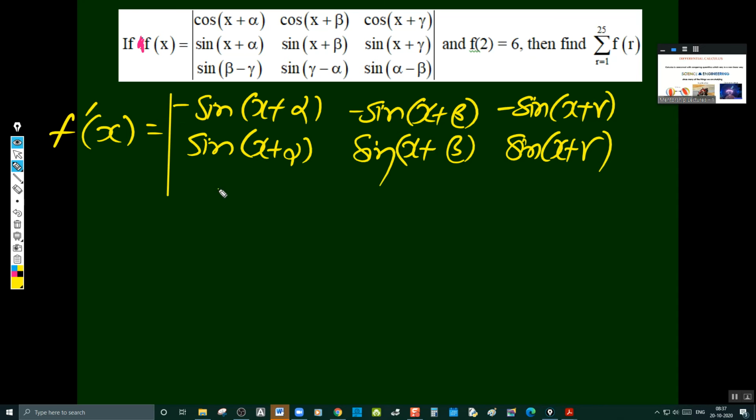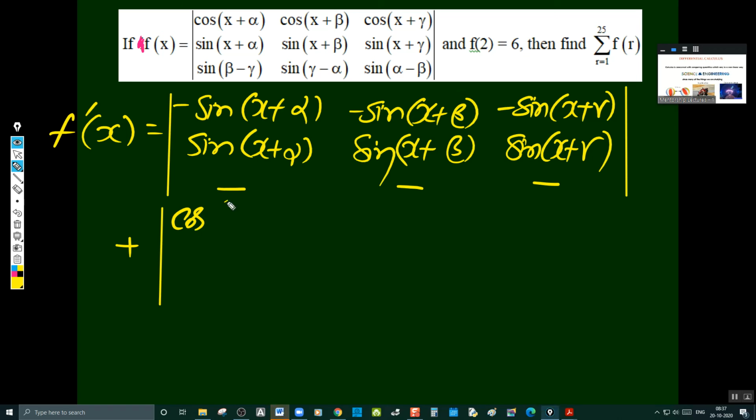Whatever the third row is, we are not worried about that because it becomes 0. Plus, now you have to find the derivative of the second row.